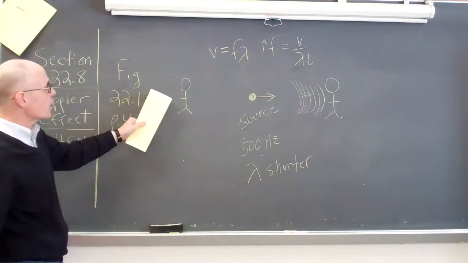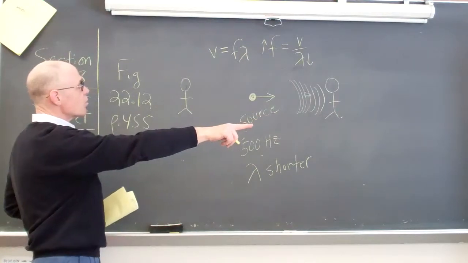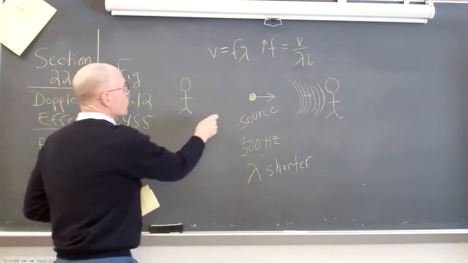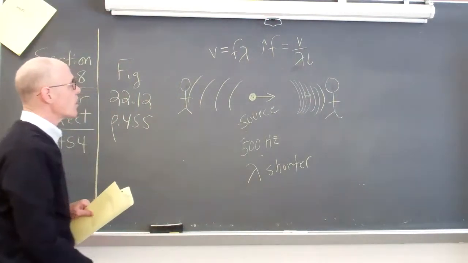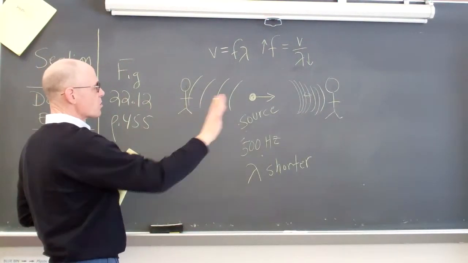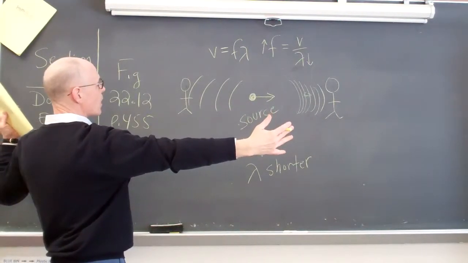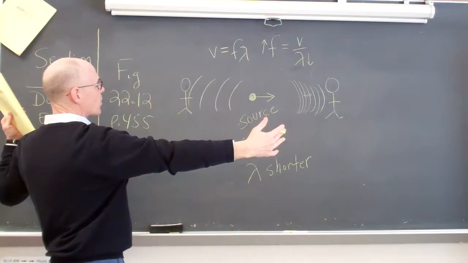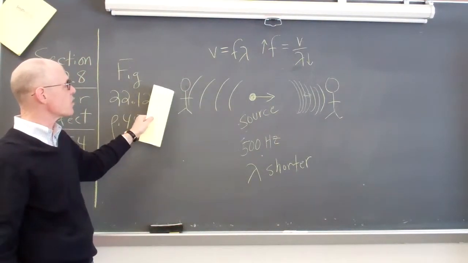Now, for the observer on this side, the source of sound is moving away from this observer. We have a sound wave reaching this observer, but because the source is moving to the right, it stretches out the sound wave's wavelength in terms of how long it takes the waves to reach this observer.